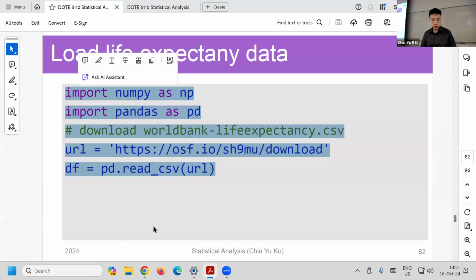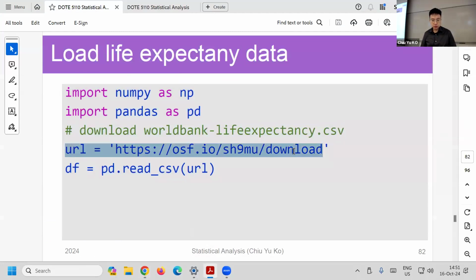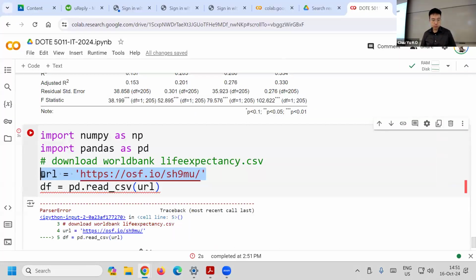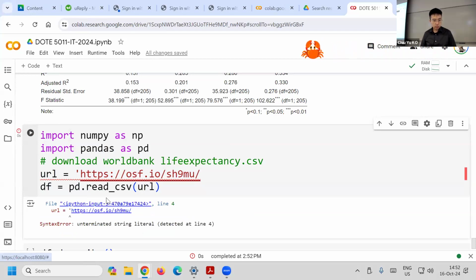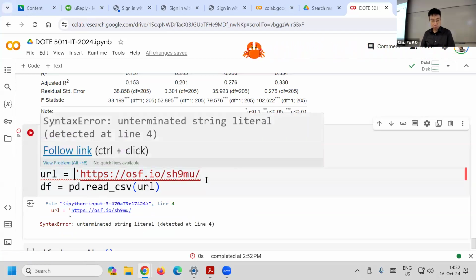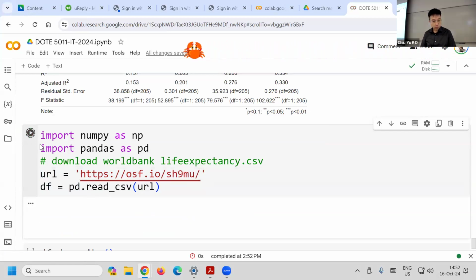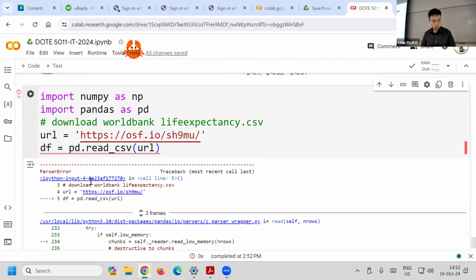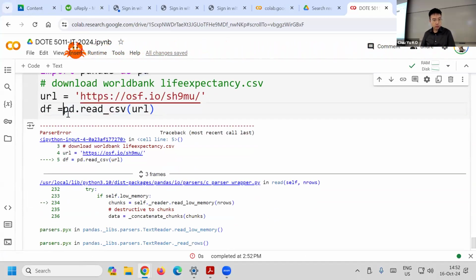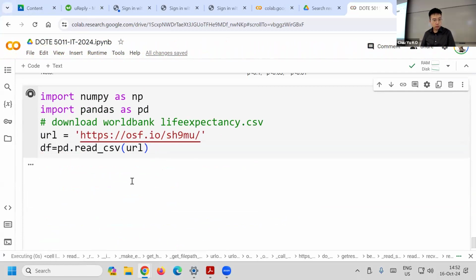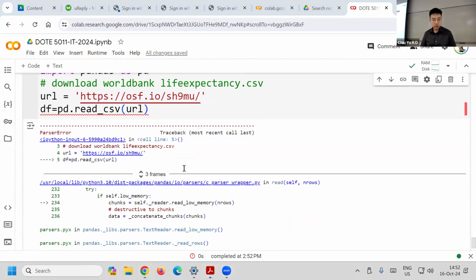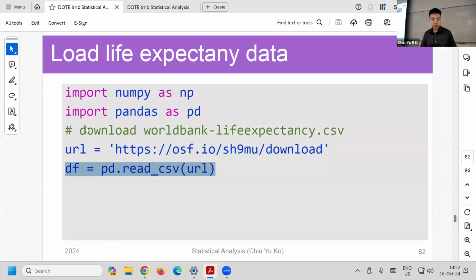What's wrong with that? Is there some issue? Let's see. Some problem with that. Why is that the case?